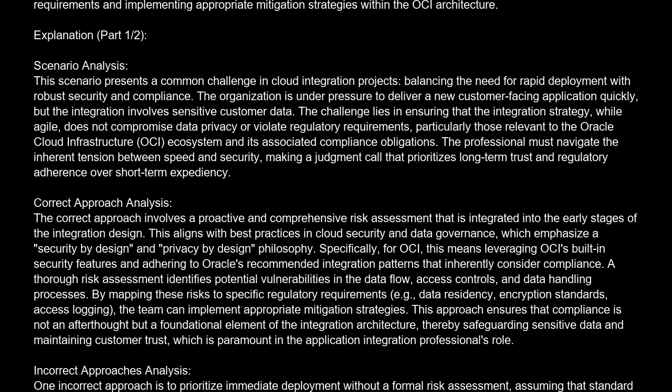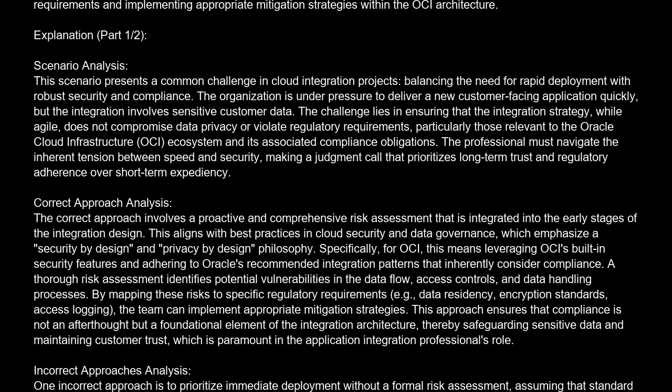Explanation. Scenario analysis. This scenario presents a common challenge in cloud integration projects, balancing the need for rapid deployment with robust security and compliance. The organization is under pressure to deliver a new customer-facing application quickly, but the integration involves sensitive customer data.